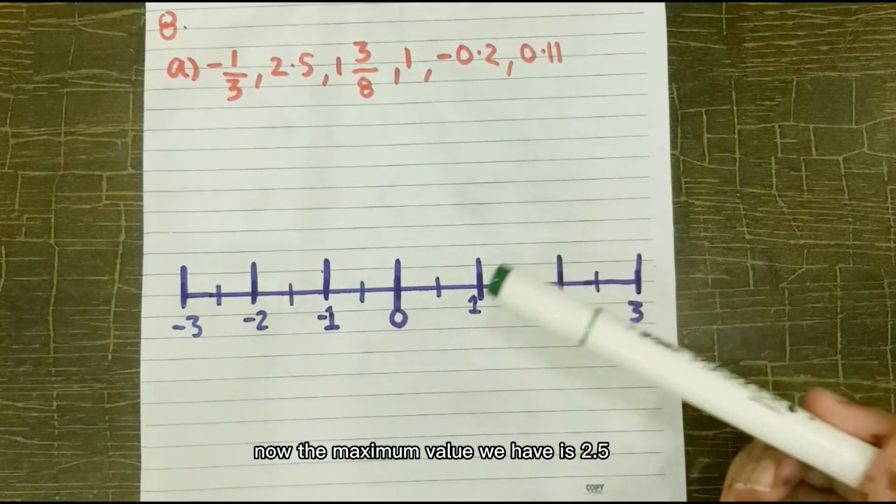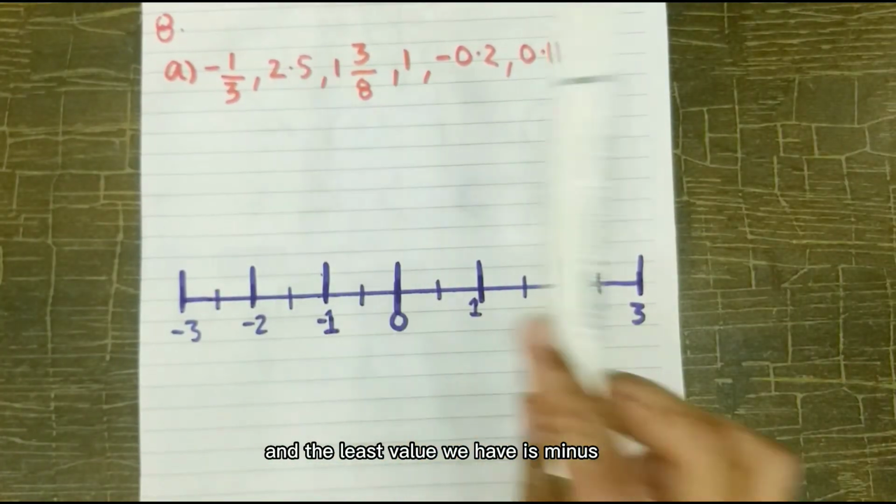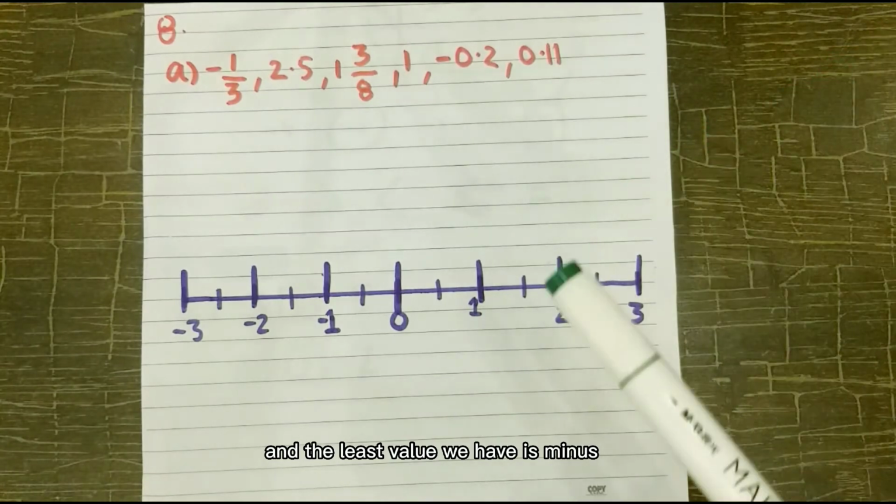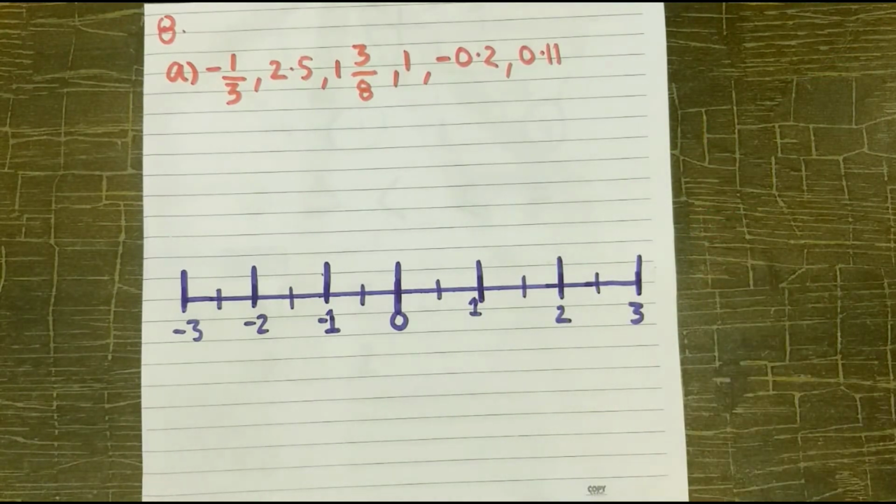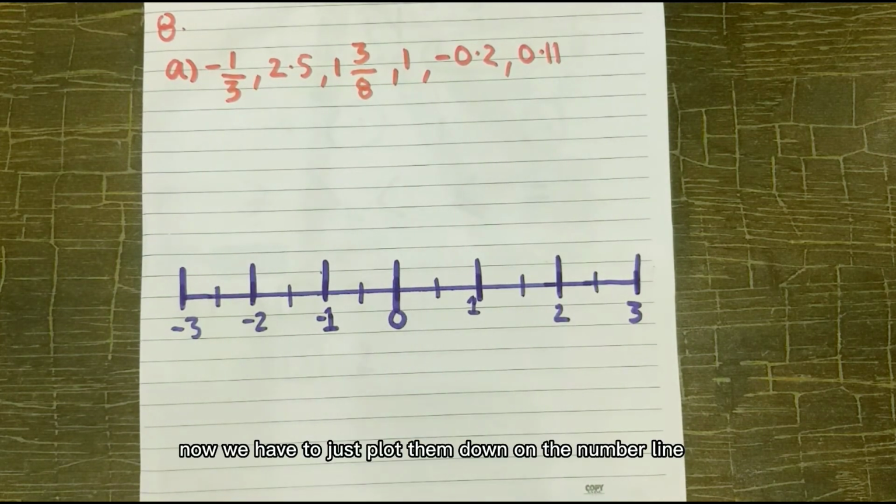Now the maximum value we have is 2.5 and the least value we have is minus 0.33, which is minus 1 over 3. So using that range, I have drawn this number line.